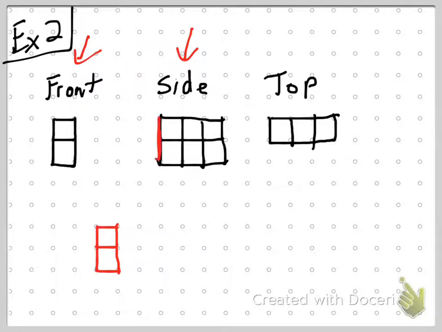This should be the same size as that. And I'm going 3 blocks back. I didn't give myself enough room, but I'm going to draw it out like this. 2, 3, and then trace it out. Okay. So there's 1, 2, 3, 4, 5, 6. 1, 2, 3, 4, 5, 6.